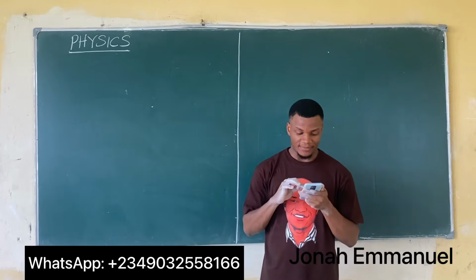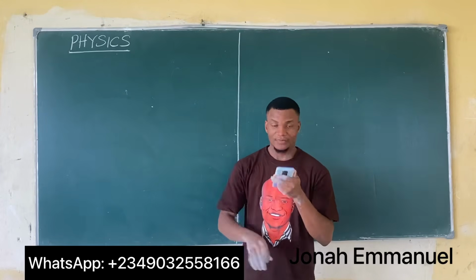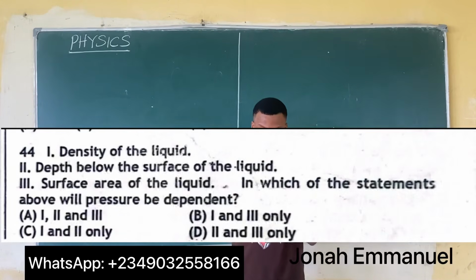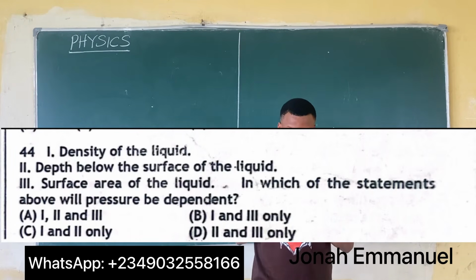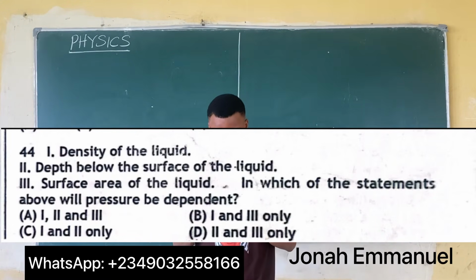Alright, so let's look at this question. It says: I, density of the liquid; II, depth below the surface of the liquid; III, surface area of the liquid. In which of these statements will pressure be dependent?